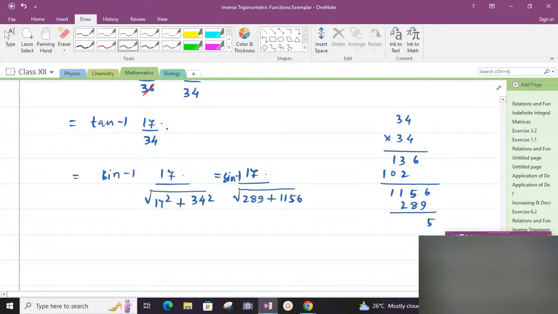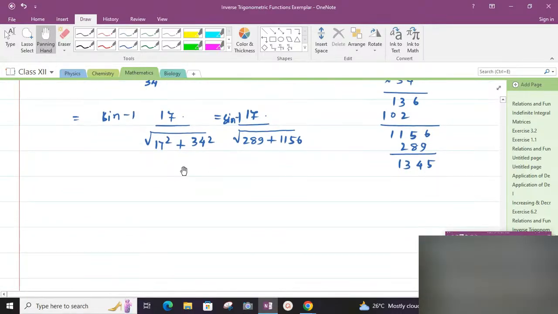So here it will be equal to sin inverse 17 by root 1445.